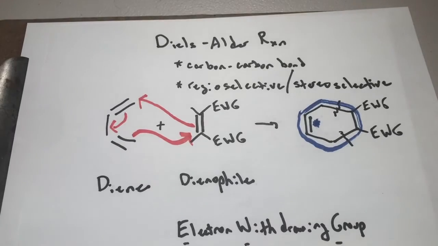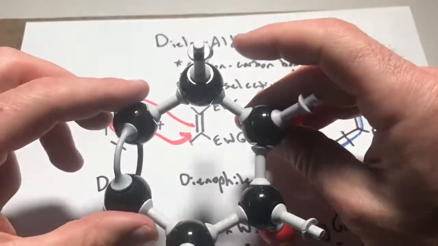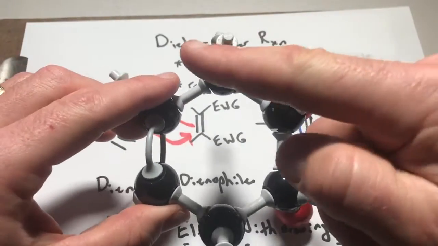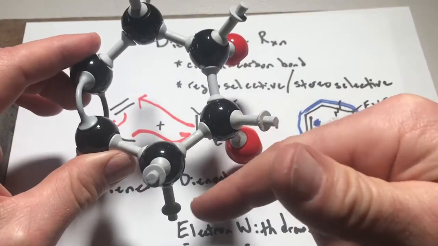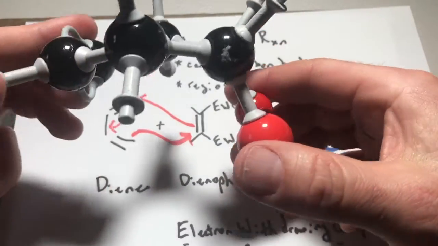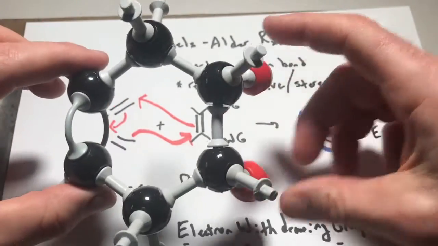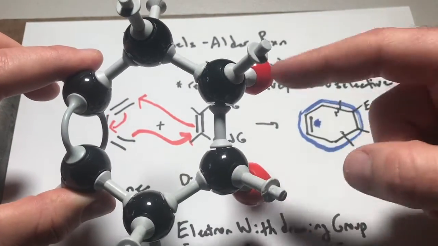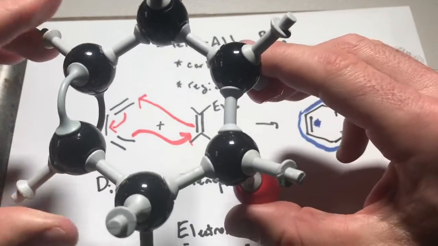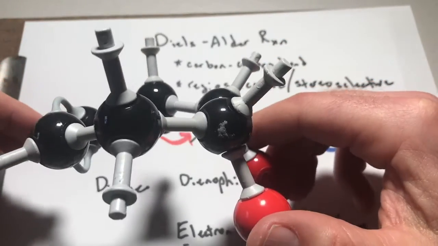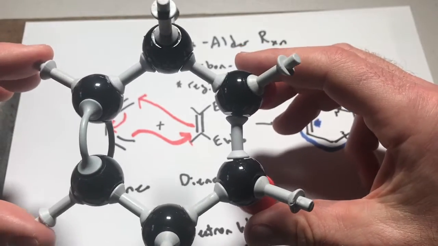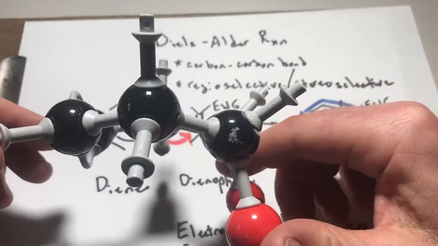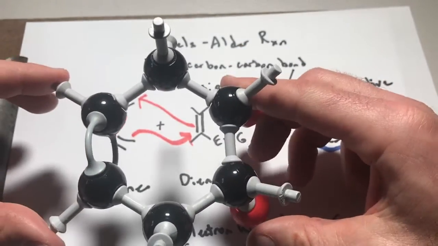And so the product, here it doesn't necessarily matter because there are no groups out here, these are just H's at this point. But this transition state where these things are pointed down and away is going to lead to something called endo selectivity in the Diels-Alder reaction. I just mention that now because these model kits can be really, really helpful.